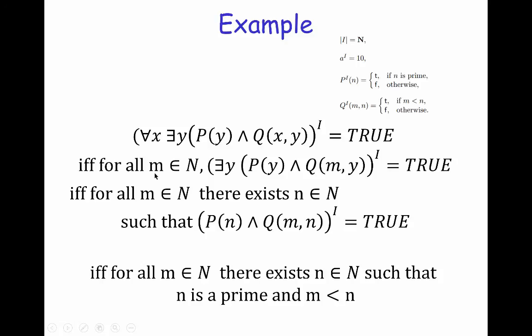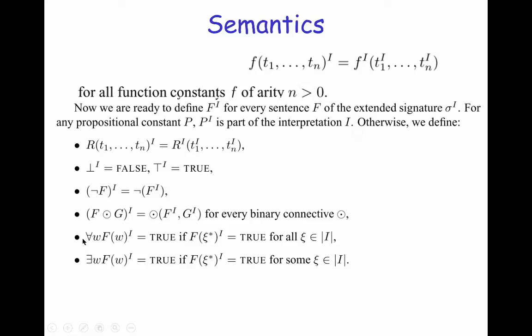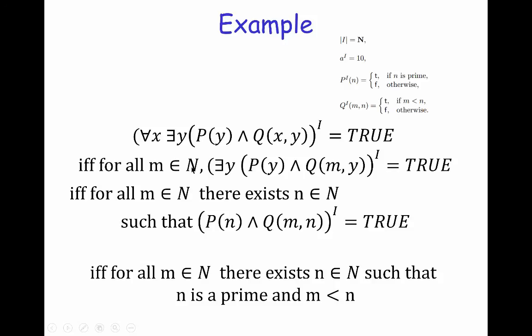I'm applying the second to the last bullet here, and then it goes recursively inside. This one is true if and only if there exists a number n such that P of n and Q of m comma n is true under this interpretation.